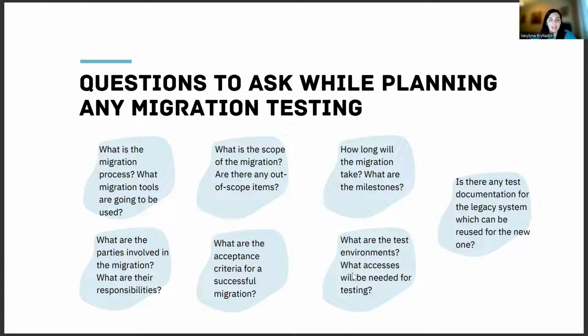Next one is regarding human resources that are going to be involved. Basically, what are the parties involved in the migration and what are the responsibilities? Usually migration is quite a complex project, and it requires a lot of people, different teams, and sometimes some vendors from the market just to perform the whole migration.